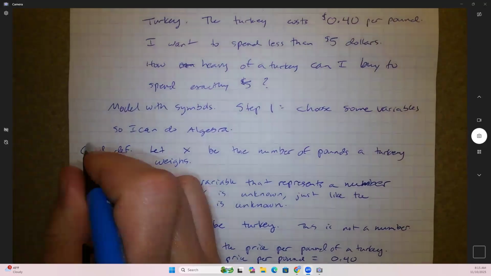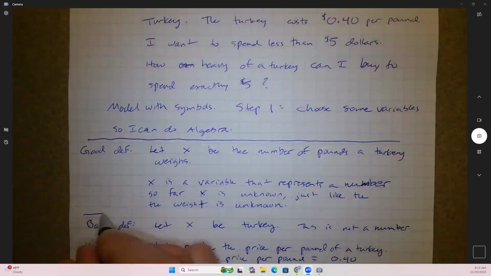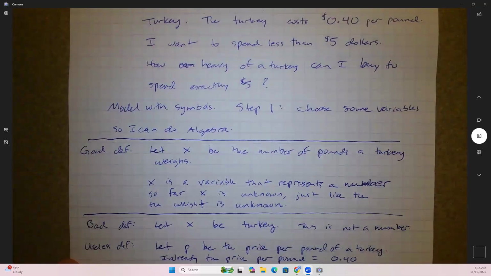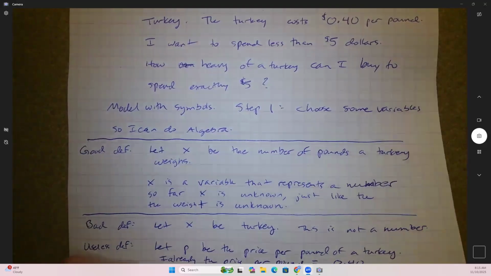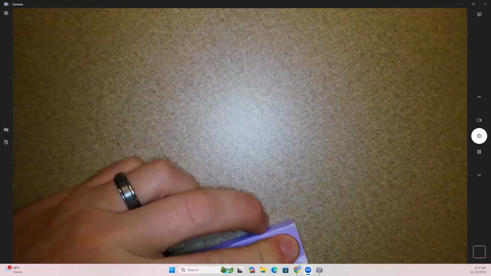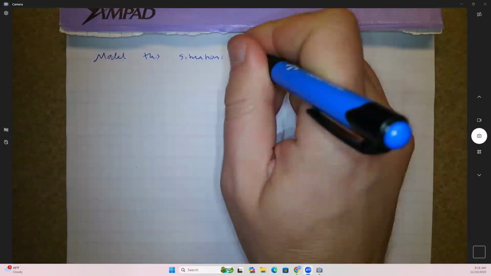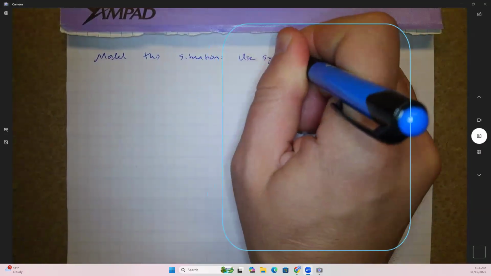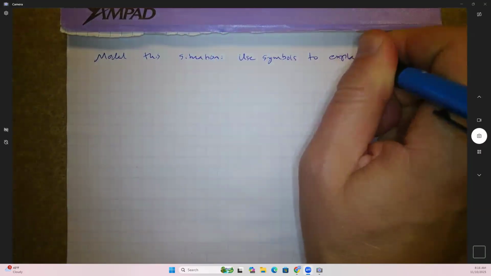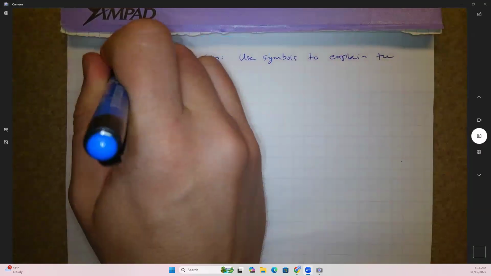So let's take our good definition, which is a variable that represents a number and something that we don't know yet, and see if we can figure out a way to model this situation. If we want to model this situation, we want to use symbols to explain the relationship.